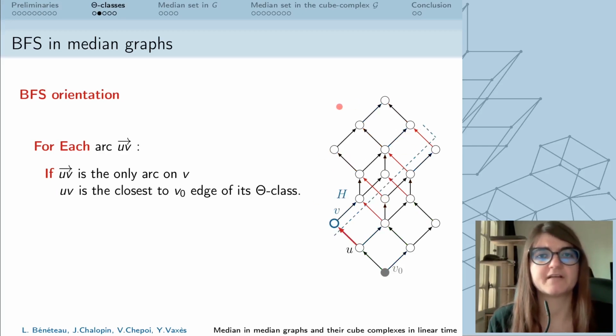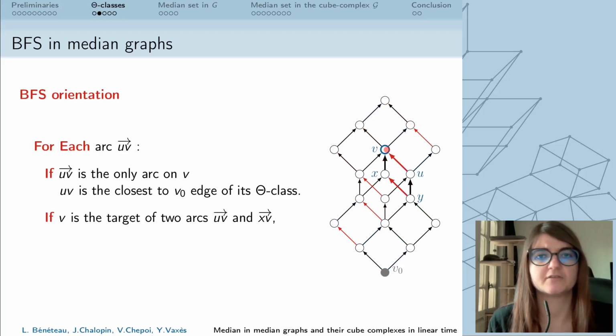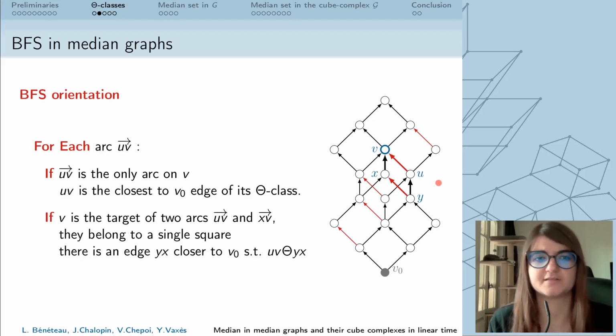And also, if there are two arcs on one vertex V, then those two arcs belong to the same square, such that the opposite sides of each edge on the square are one step closer to V0, and by definition are on the same theta class. So our goal now will be to compute quickly this edge. Okay, so they belong to a single square, and they are closer to V0.